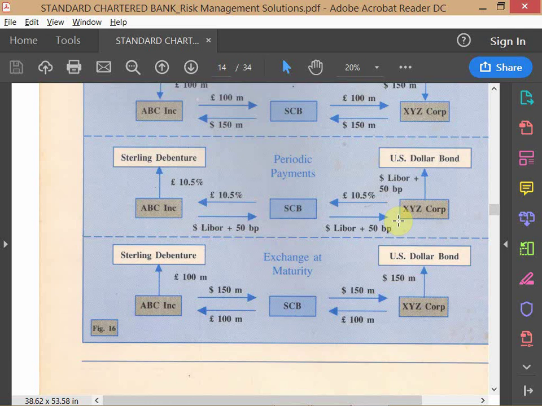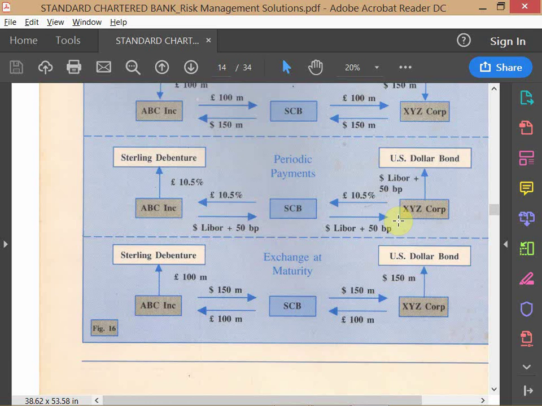Suppose 10.5% in sterling comes to let's say 5 million sterling, and the dollar part comes to $6 billion. You use the sterling dollar spot rate on that day to figure out the dollar equivalent, and then find out who owes money to whom, and there's only one payment. There's a net payment made to settle the swap, but conceptually you get the same effect.